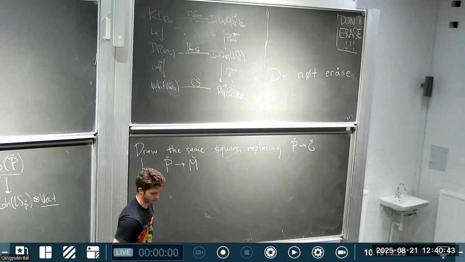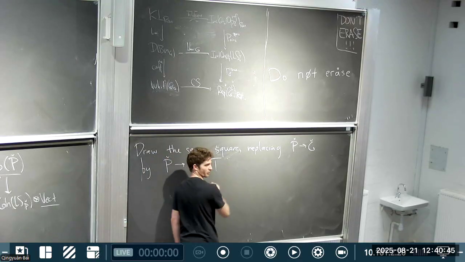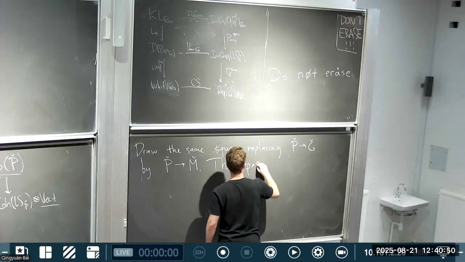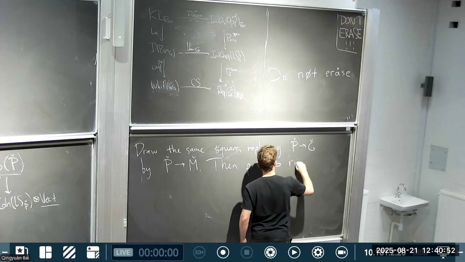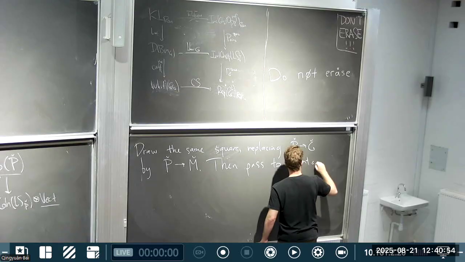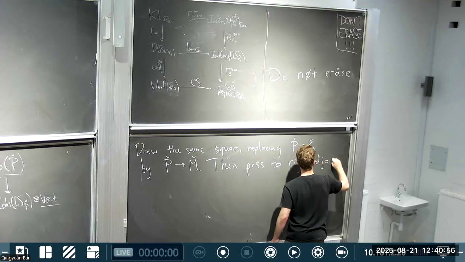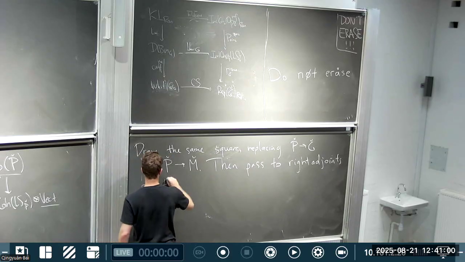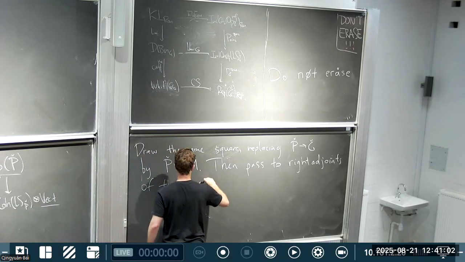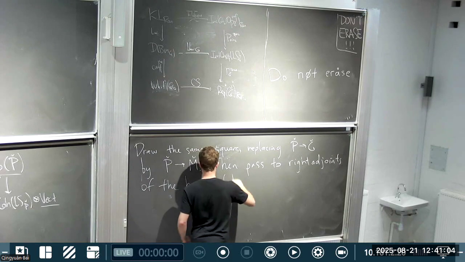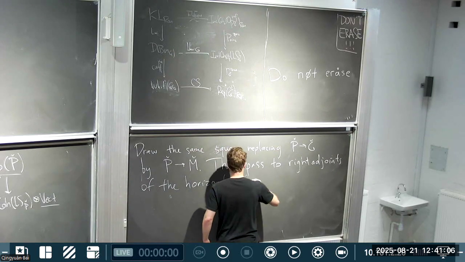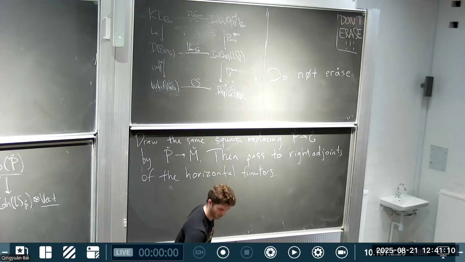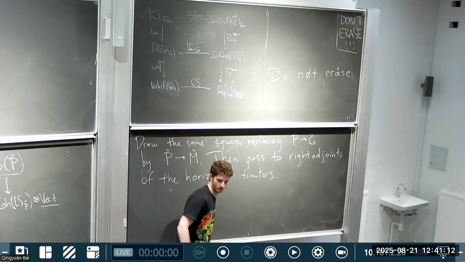Okay, and then pass to right adjoints of the horizontal functors. Okay, and so what we'll get is the square, I guess I'll write over here.